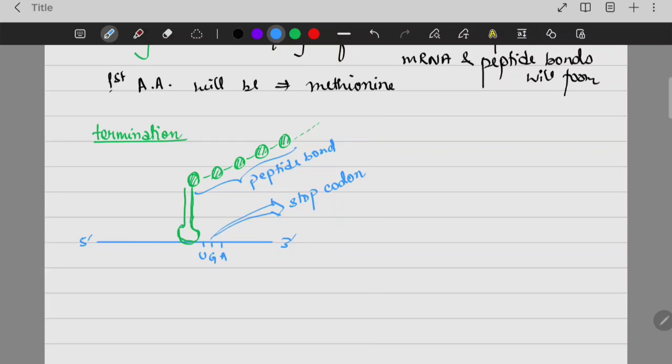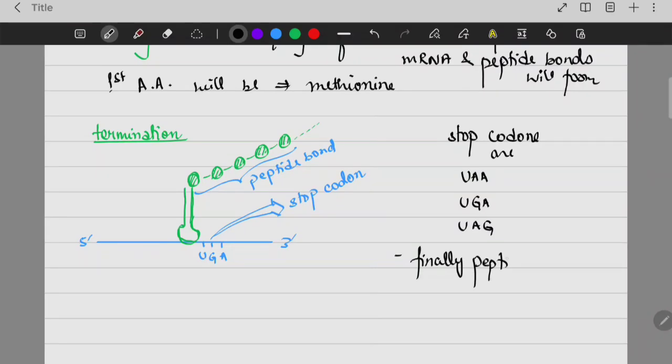Okay, and different factors also take place in the termination process. So stop codons are UAA, UGA and UAG. These are the 3 stop codons, and the final termination takes place. Okay, and finally the peptide chain is made.